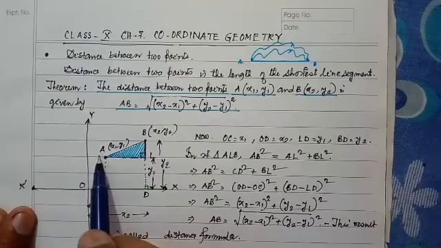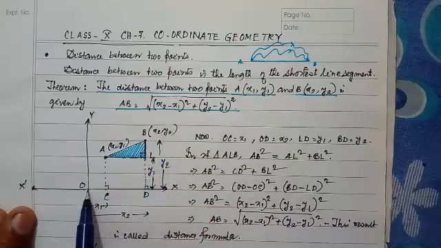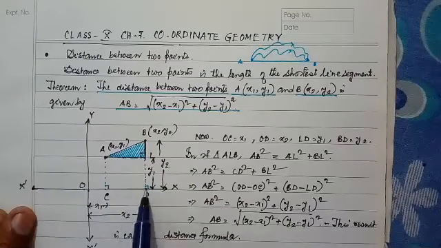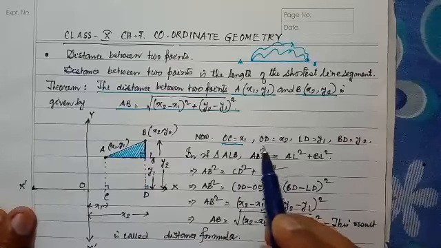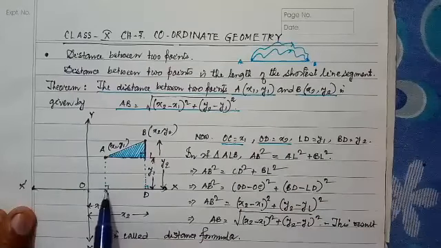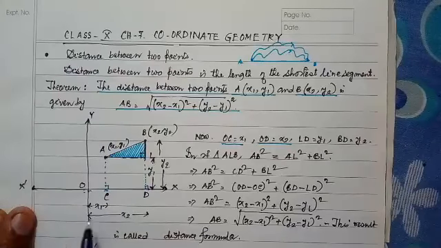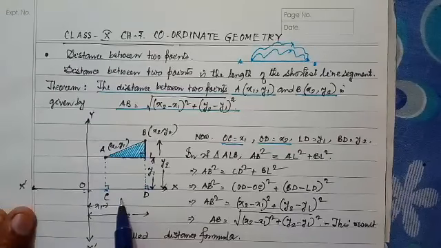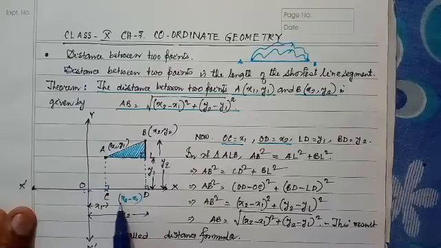Now since the abscissa of the point A is x1 and that of B is x2, that is OC is x1 and OD is x2. Therefore what is CD? OD minus OC, that is x2 minus x1. So this measurement is x2 minus x1.